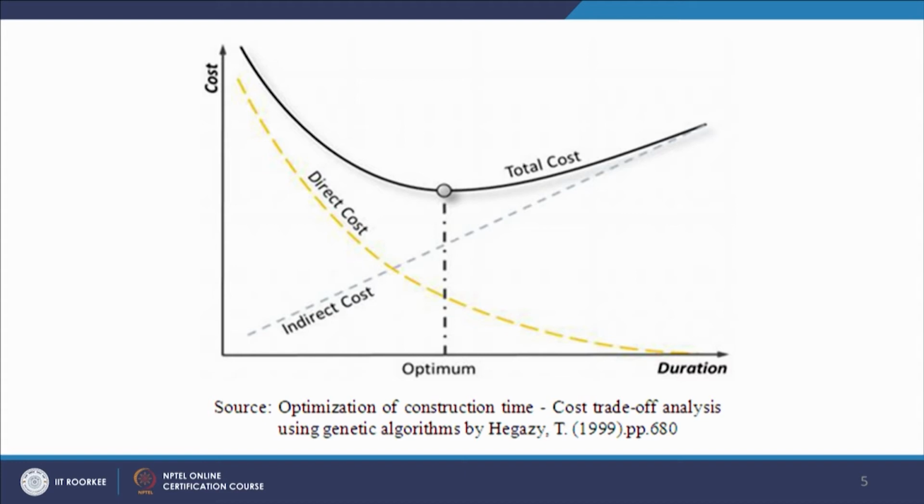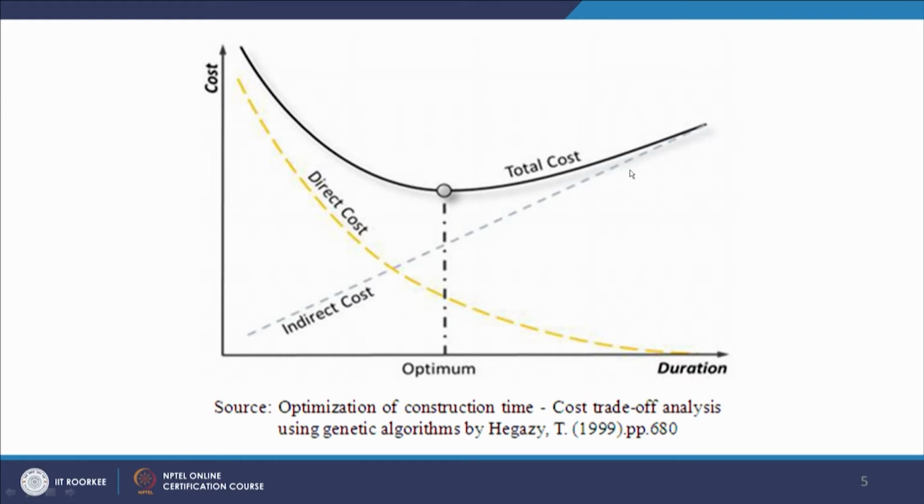The indirect cost, as you can see on your screen, is continuously increasing. Suppose the optimum is 10 days, so for 10 days this is my indirect cost, but suppose here I have 20 days, so for 20 days the cost is higher than for 10 days. As I have already told, it is given on a per day basis. If it is 200 rupees per day, for 10 days it will be 200 into 10, and for 20 days 200 into 20.